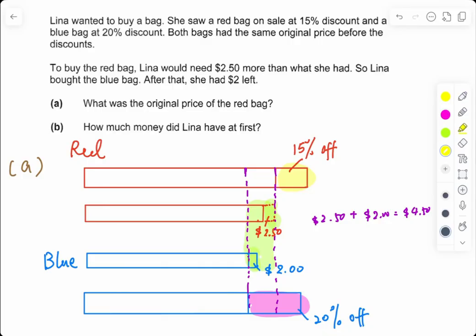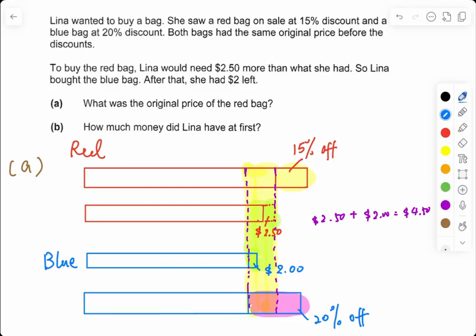And then next, if you look at the top and the bottom, you see that's the difference between the two discounts.